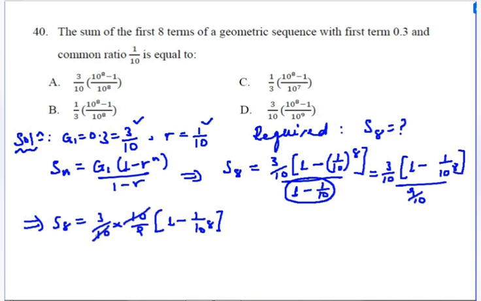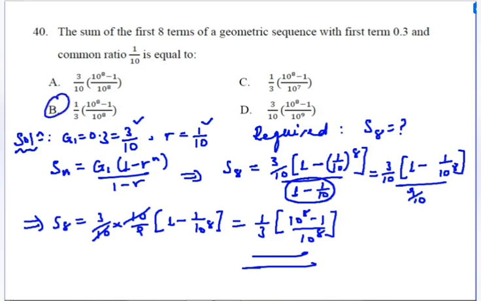So this can be eliminated by 3, 1 by 3, 3. So this becomes 1/3 into crisscross this one, 10 to the power of 8 minus 1 over 10 to the power of 8. So this is the value of the sum of the first 8 terms of a geometric sequence. So from the given alternatives, the answer will be B.